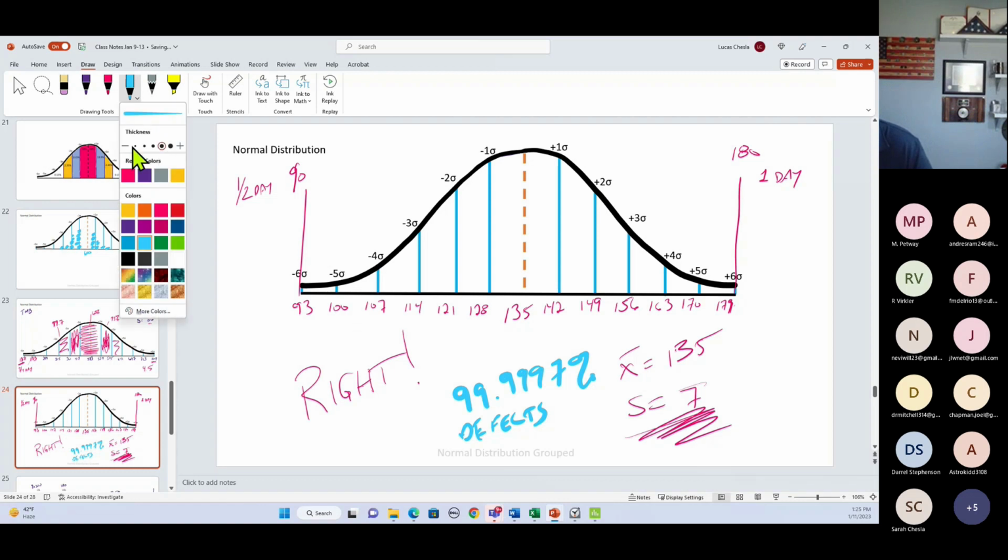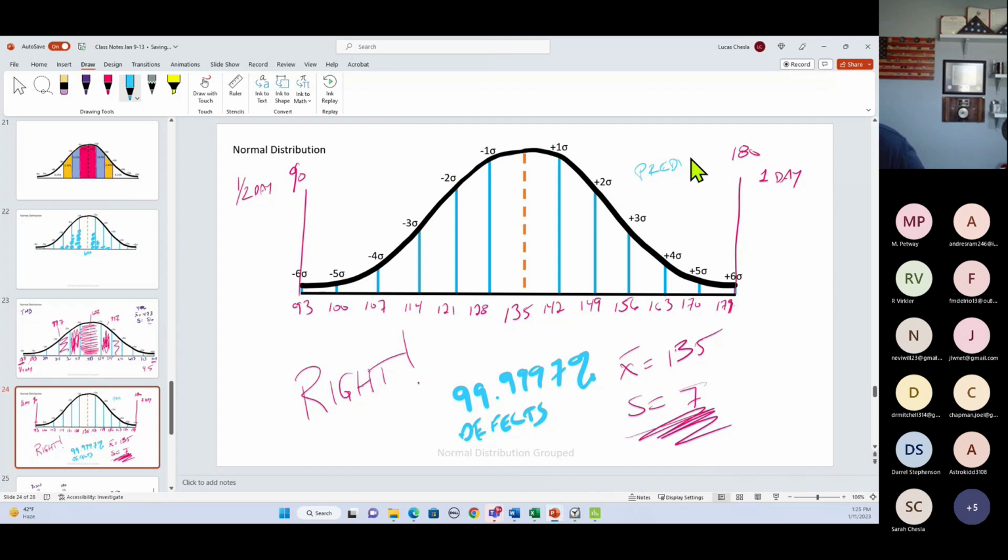So when we're looking for a predictable and consistent process, this process is predictable and this process is consistent, because I can tell you 99.9997% of my data, the next average I pull, if we ran the sim next week, I would expect could fall between 93 and 179. That is a predictable process. And that is what we're trying to get at with variation.